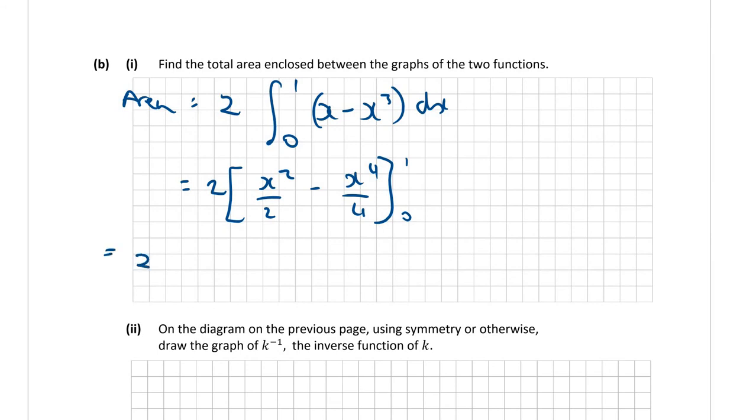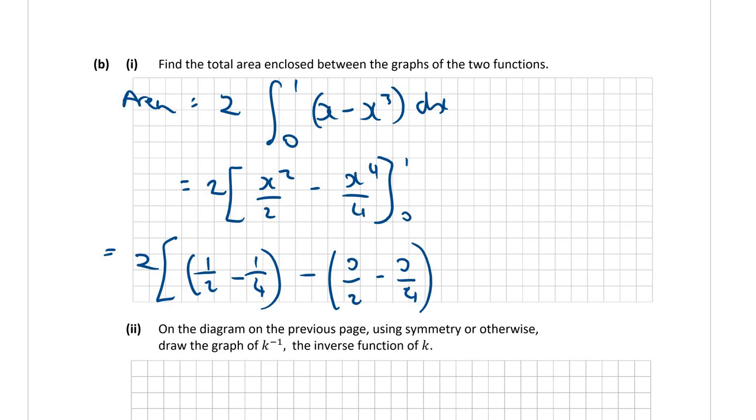So that's going to be 2 outside of 1/2 minus 1/4, minus, well, just for the sake of it, plugging that in, 0. So we've got 1/2 minus 1/4, so that's 0.5 minus 0.25, which is 1/4, times 2, so that's 1/2, minus 0. So the answer there is just 1/2 for that.